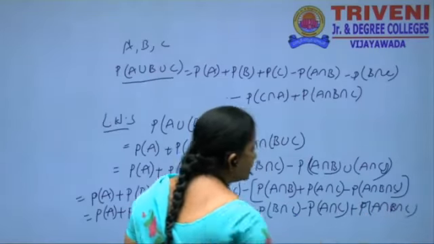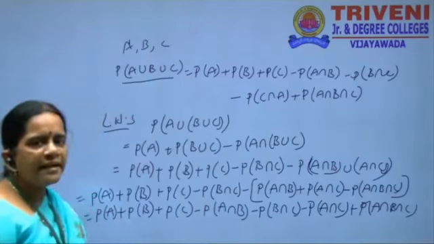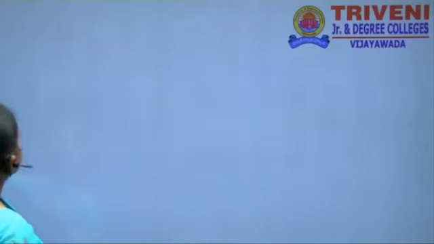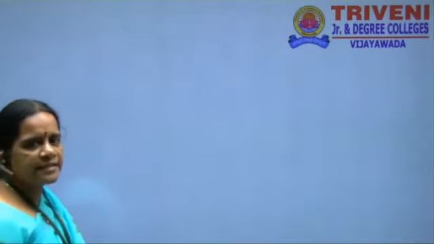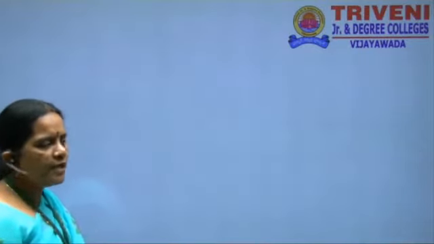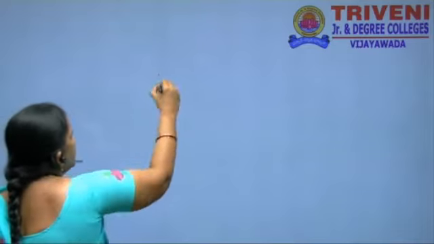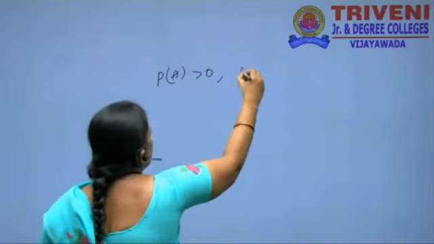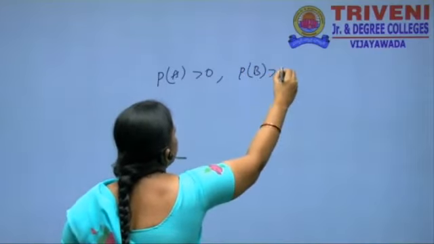And then the multiplication theorem on probability we also have to discuss in this chapter. By the multiplication theorem, A and B are two events in a random experiment. Then P of A is greater than 0 and P of B is greater than 0.